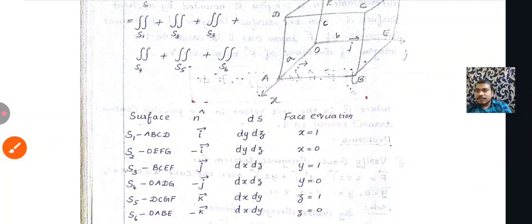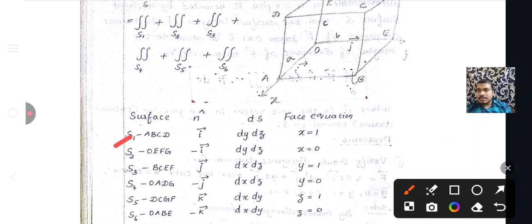So in surface 1, the face is ABCD, n cap is i vector, dS is dy dz, and the face equation is x equal to 1.